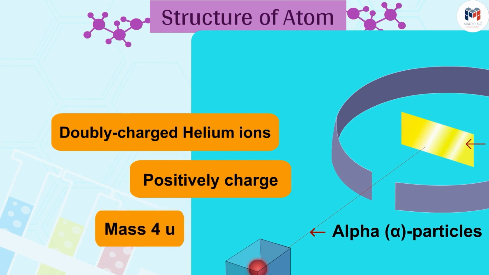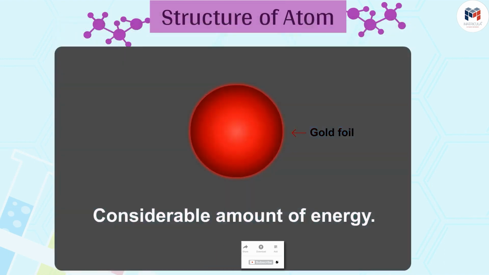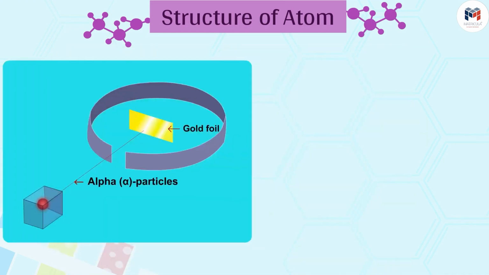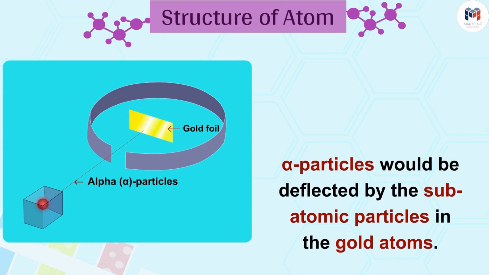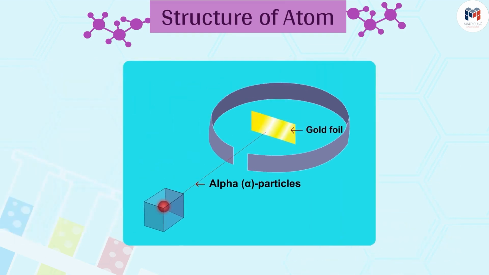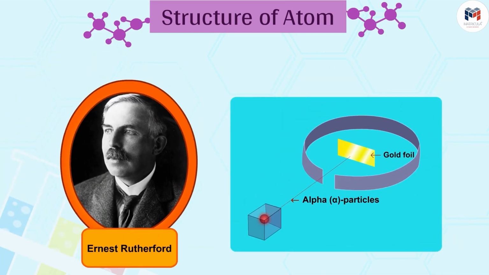And since they have a mass of 4u, the fast-moving alpha particles have a considerable amount of energy. 3. It was expected that alpha particles would be deflected by the subatomic particles in the gold atoms. Since the alpha particles were much heavier than the protons, he did not expect to see large deflections.